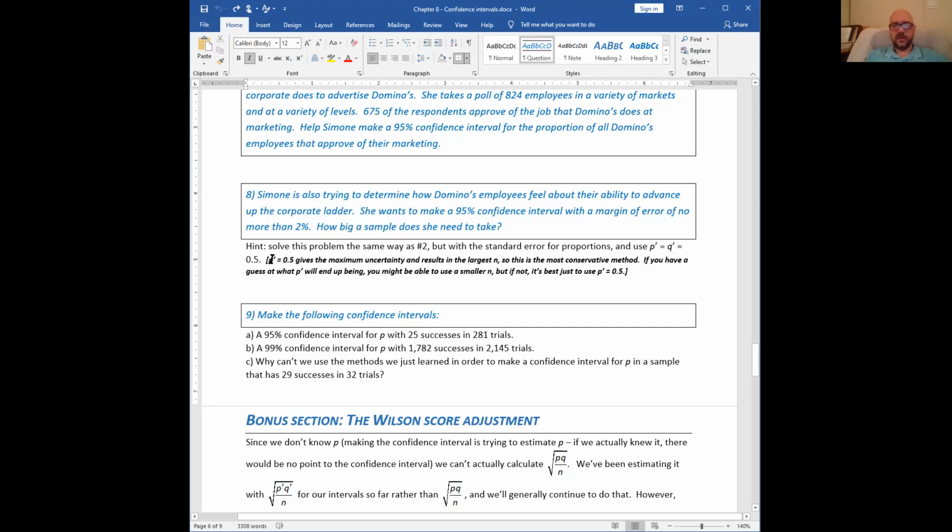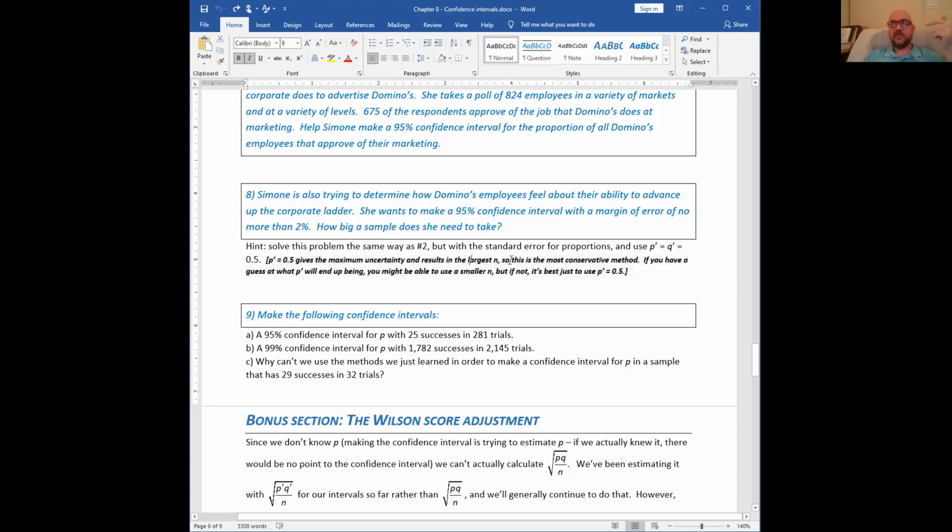I explained a little bit right here. P prime equals 0.5 gives the maximum uncertainty and results in the largest n. So if you are being very conservative, you have no idea what p prime is going to be before you take the sample, then you should just use 0.5 to get the largest feasible sample, the largest minimum sample.